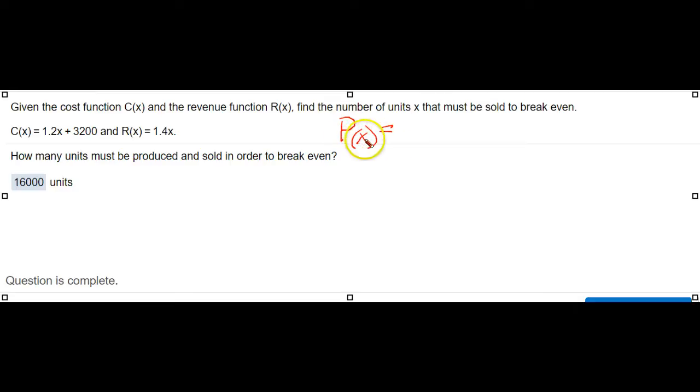Well, the formula for profit is your revenue if you subtract cost. That is the profit formula. So profit is equal to revenue minus the cost. And they are giving you these two formulas.